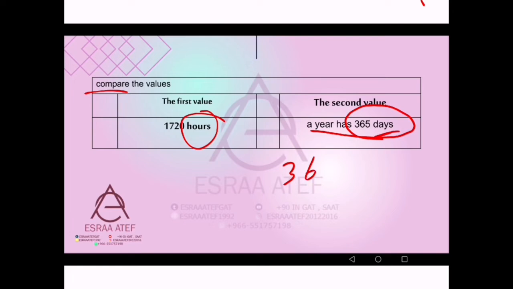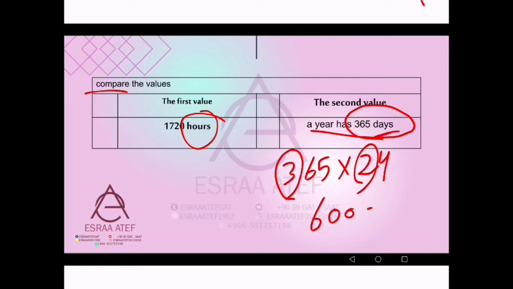If we have 365, the day has 24 hours, so we will multiply it by 24. Roughly, 300 times 20 will give me 6,000 hours and more. So here the bigger one is a year, which has 365 days.